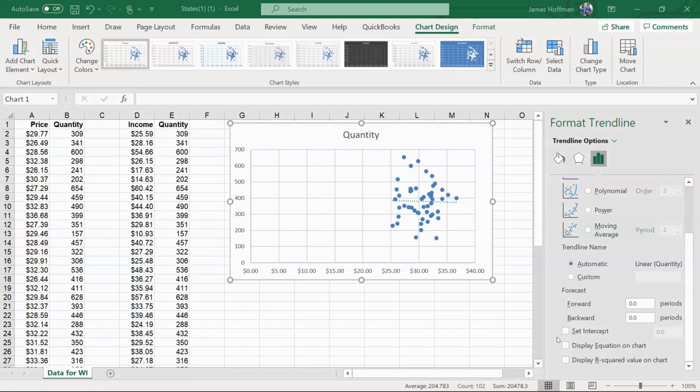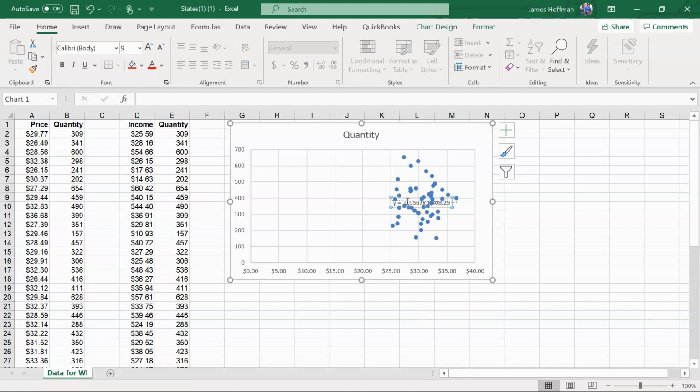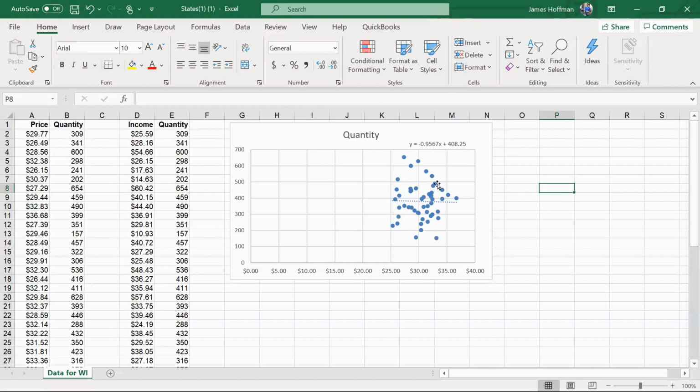And you can choose display equation on chart. Okay, so there's the equation. You want to do the same thing for income and quantity, and then you just interpret your equation. That's really all you're doing.